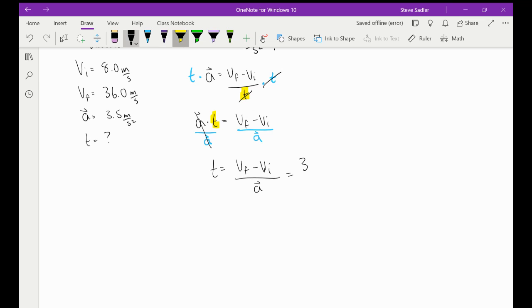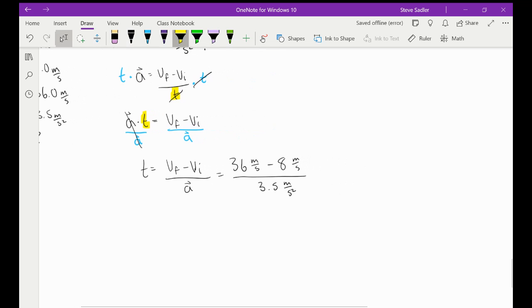So v final is 36 meters per second. Subtract v initial, which is 8 meters per second, all divided by acceleration, which is 3.5 meters per second squared. So what we're left with is 36 minus 8 is 28, over 3.5, and then we can divide that to become 8.